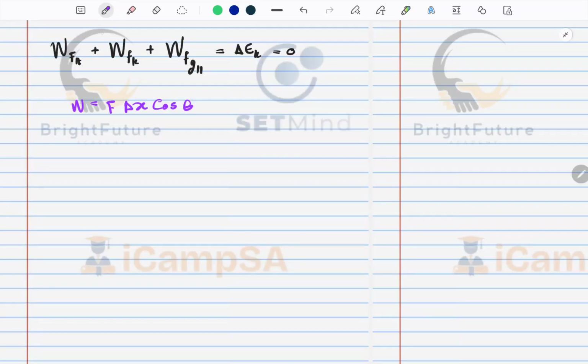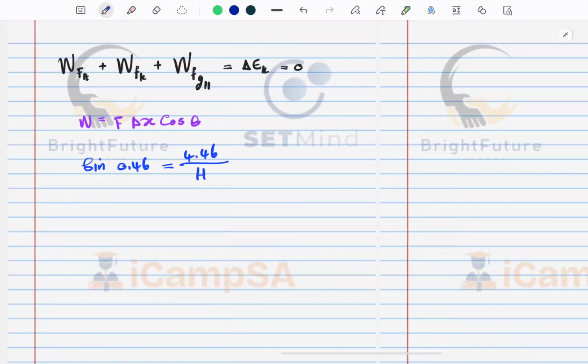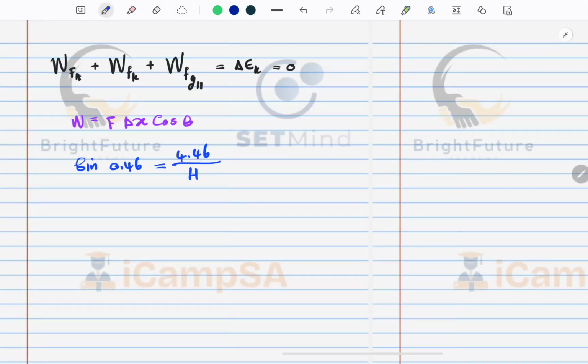So I was saying, let's put it here. Let's say sine 0.46 is equal to 4.56 over your hypotenuse side. Okay, is it 46? Let's check. 56 actually. Sorry, this is supposed to be 56.